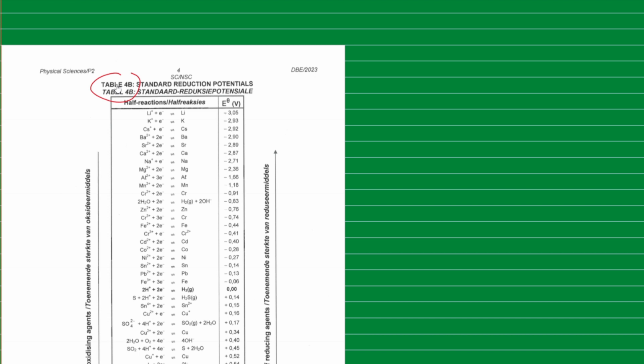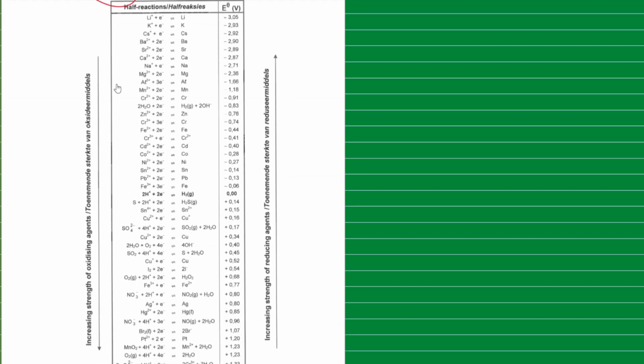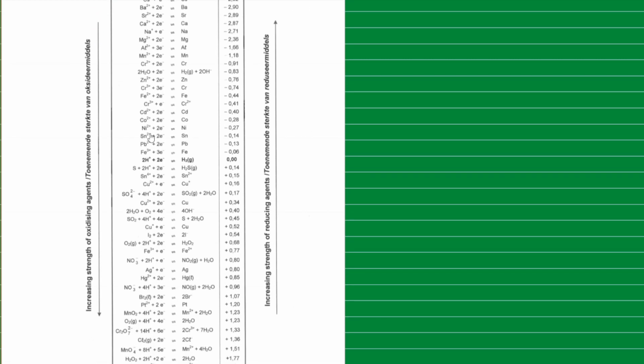I'm using table 4b. You'll be provided with these standard reduction potentials in your exam. So we'll find that the hydrogen reference electrode is given here, and its half cell potential is 0.0, which is 0 volt.